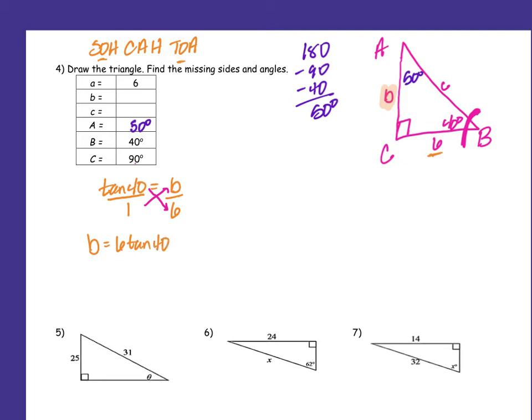Okay? And then I'm going to put that into my calculator. So I'm going to say 6 tangent of 40. And I get my answer, which is approximately 5.03.